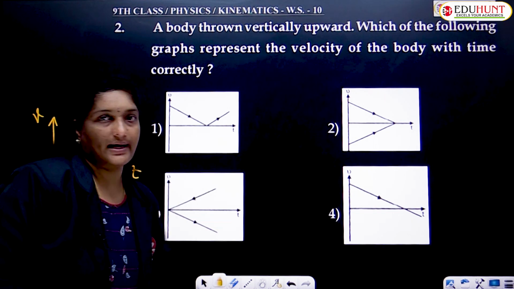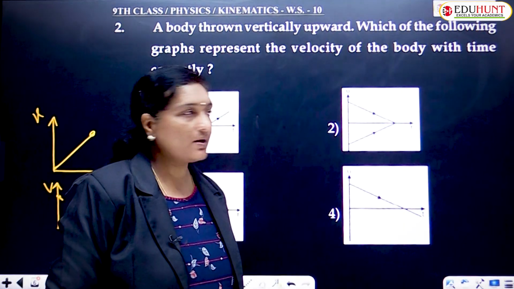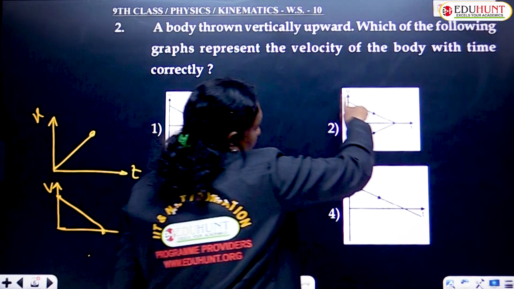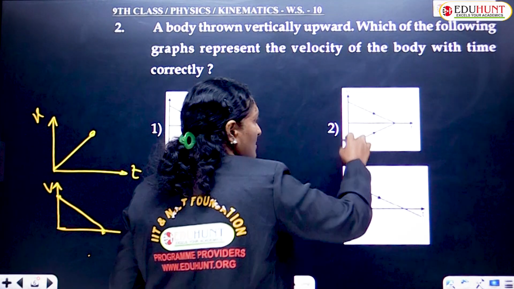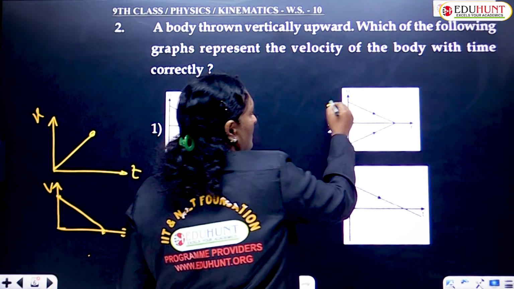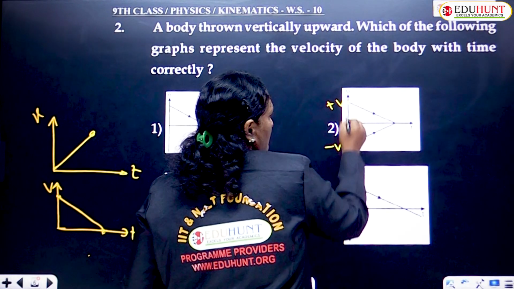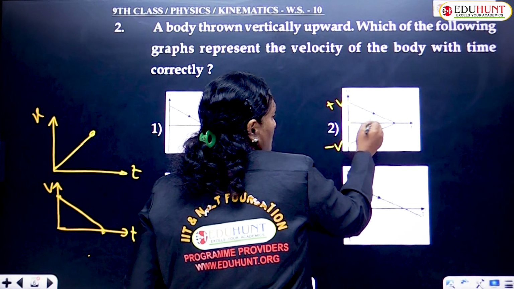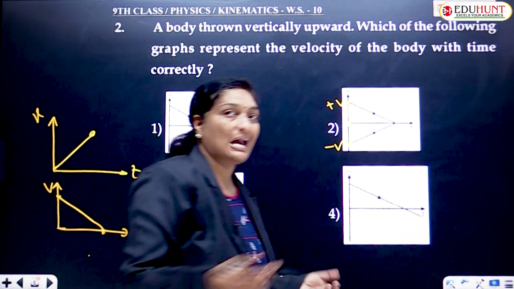If you go for the second one, here velocity is decreasing. In this case, how can a body have a positive velocity as well as a negative velocity at the same time? This is plus v and here it is minus v. At time t equals 0, the body has positive velocity and negative velocity simultaneously.